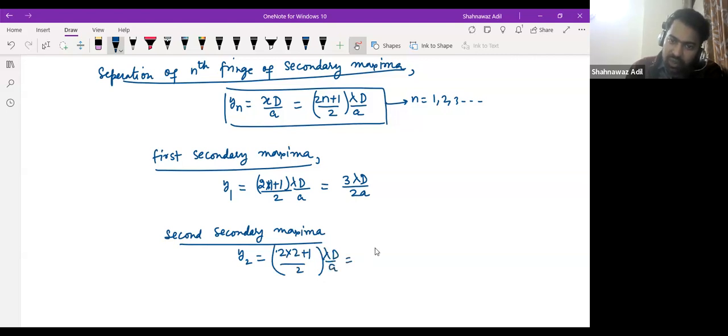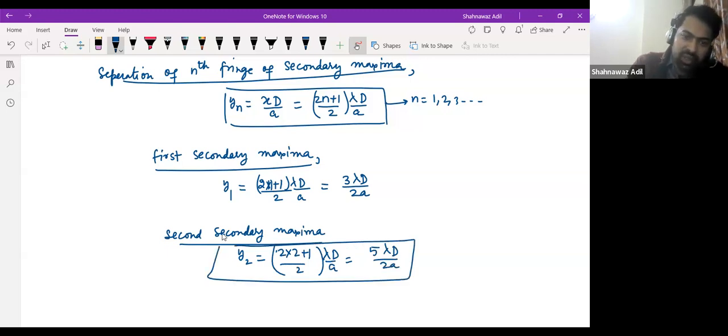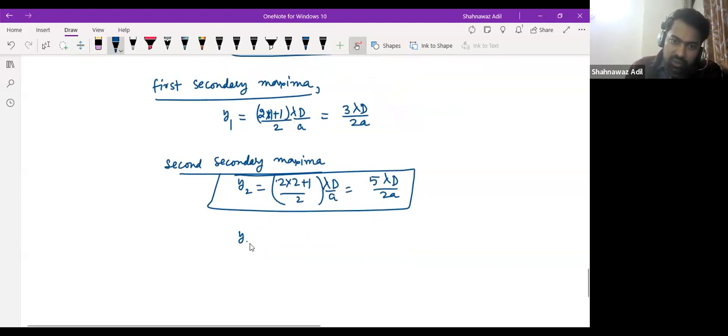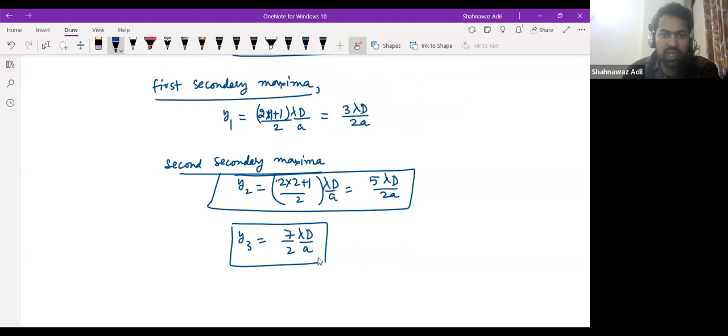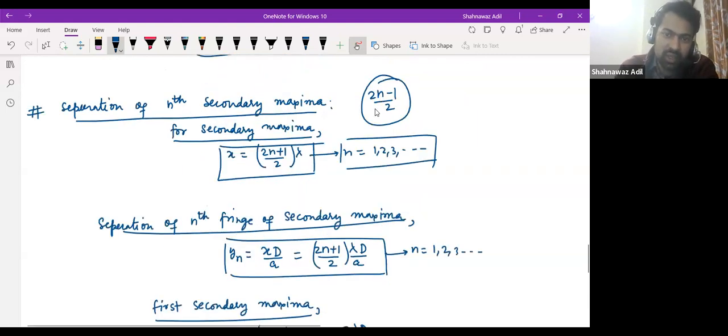So this is 5 lambda d by 2a. This is the second one. And if we calculate the third one, that would be (2 times 3, 6, plus 1), 7 by 2 lambda d by a. So that is the position of all those secondary maxima and secondary minima, right? So that we can calculate.